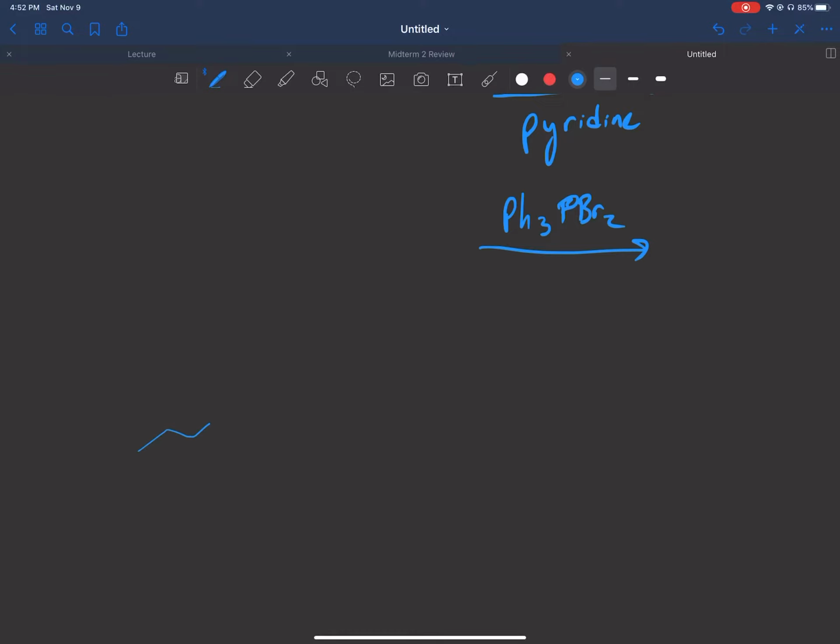So we have this right here, and it's going to be reacting with this. So that's what SOCl2 looks like. The oxygen is going to attack sulfur to kick that double bond up.